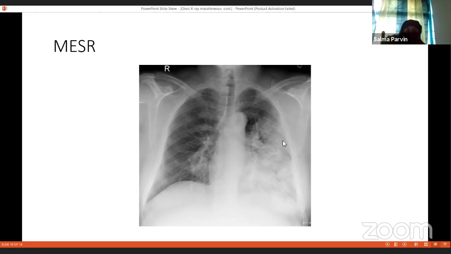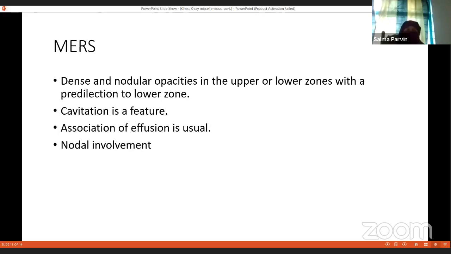There is increased density, and consolidation is a priority issue here, and there is usually associated effusion, and adenopathy is dense and nodular opacities in the upper or lower zones with a predilection to the lower zone, and the cavitation is a feature. Usually effusion is very common, and there is nodal involvement.